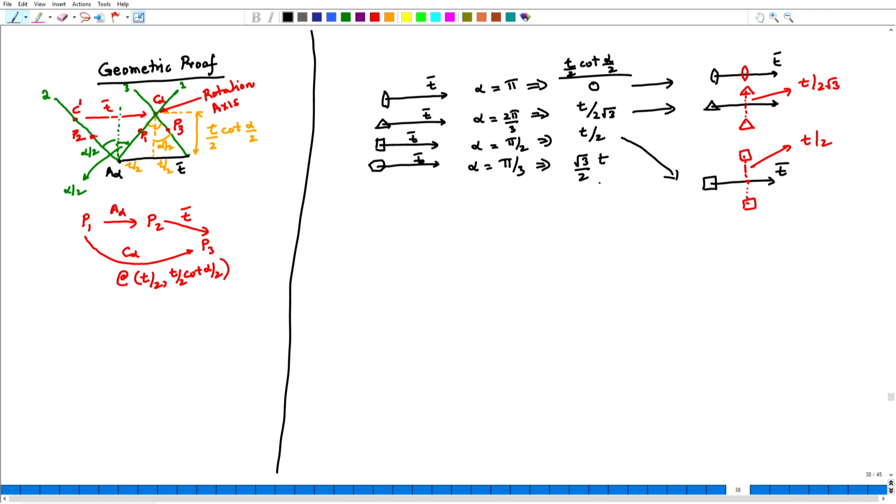And finally, 6-fold, again on the perpendicular bisector, I will get another 6-fold, and this would be root 3 by 2 times T. So, we have now combined rotation with translation, and we have shown what should be the new rotation axis, where it should be, through both the matrix method as well as a geometric method. With this, I will close this lecture.